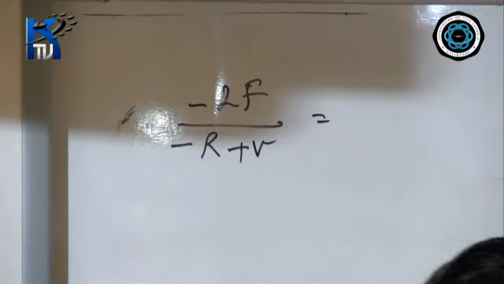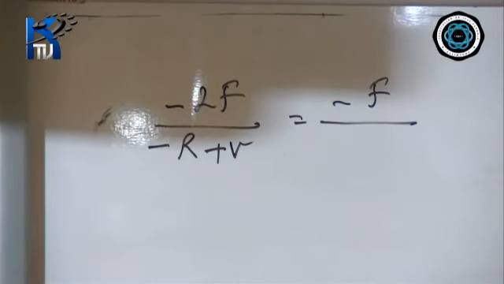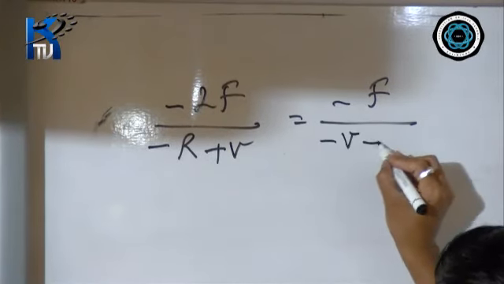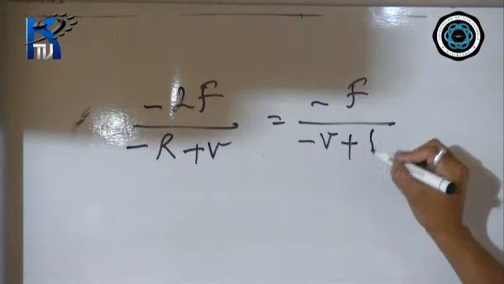Plus. Equals minus F by PI, again minus B as per the sign convention, minus PF, again minus F, but minus plus.